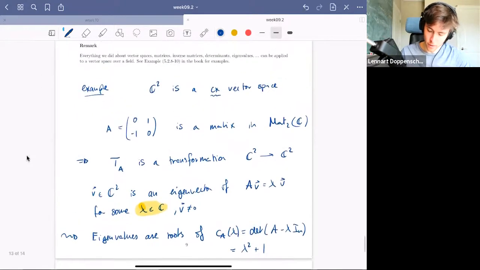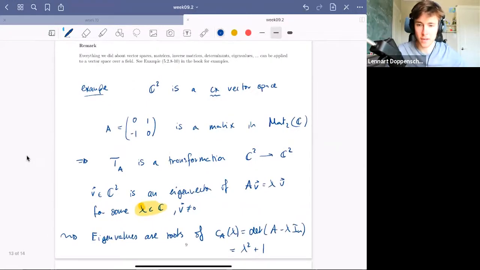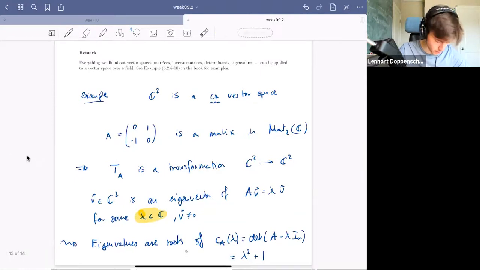So everything works as in the real setting. Every definition works, and the determinant can still be computed. The determinant still has the expansion in terms of cofactors. The only difference is now this polynomial has solutions.